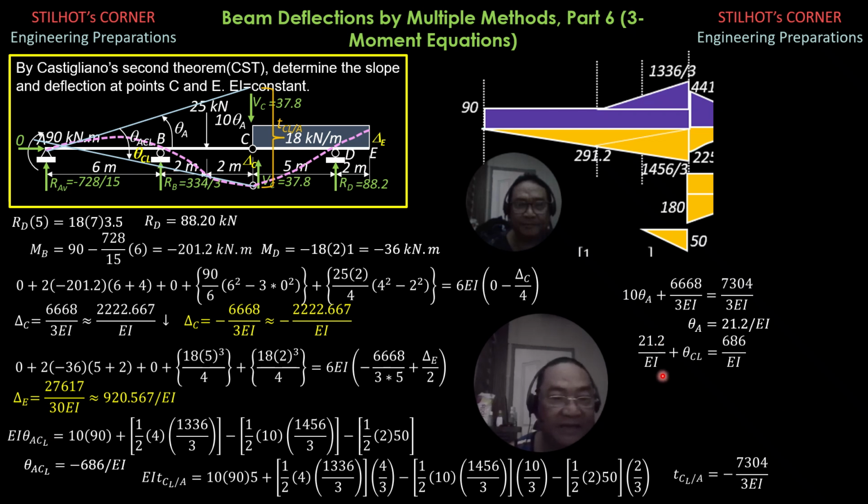This is theta A plus theta C left equals theta AC left, which is treated positive also by the figure shown. We treat this positive, we treat this positive. So we also treat this as positive, 686 over EI. This is theta AC left. So theta C left is equal to 664.8 over EI clockwise. And since clockwise rotation is negative, the final answer for theta C left is negative 664.8 over EI.